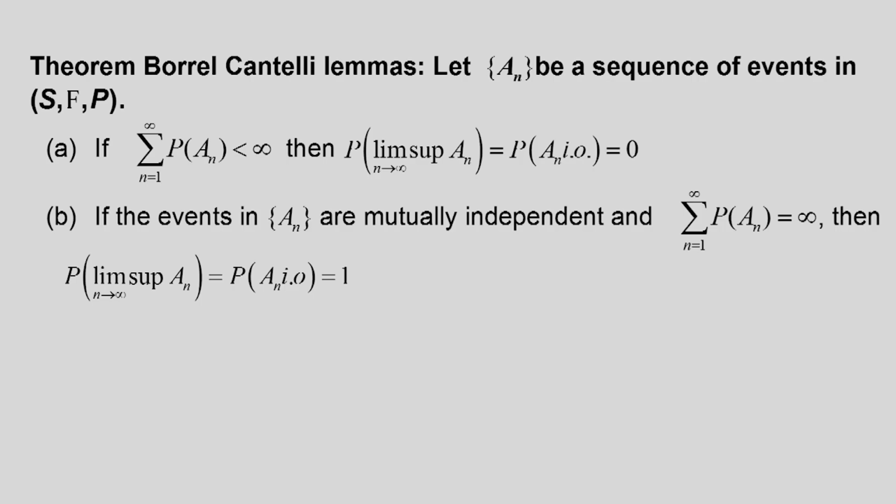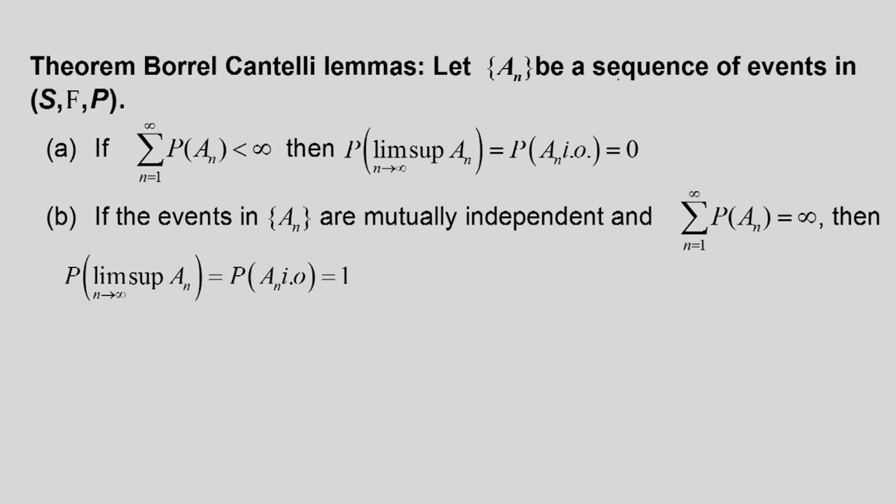Now, we will discuss one important theorem. It has two parts and they are known as the Borel-Cantelli lemmas. This theorem tells about the probability of the event lim sup of A_n as n tends to infinity. We also know that it is the event of those sample points which occur in A_n for infinitely many n. So that we write as A_n infinitely often. Now, let us state the theorem.